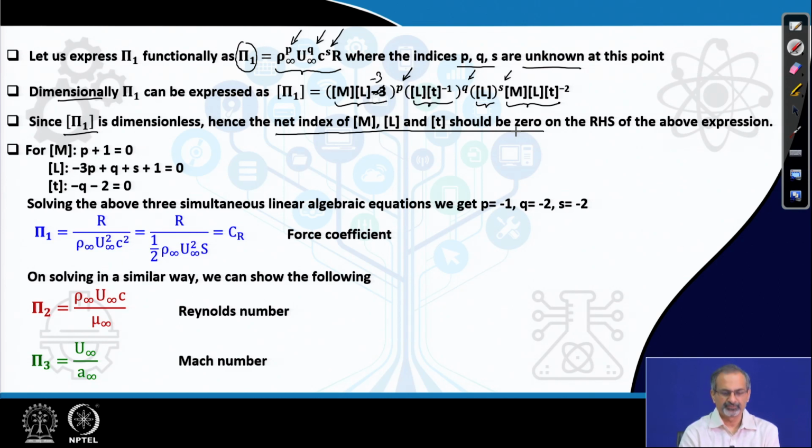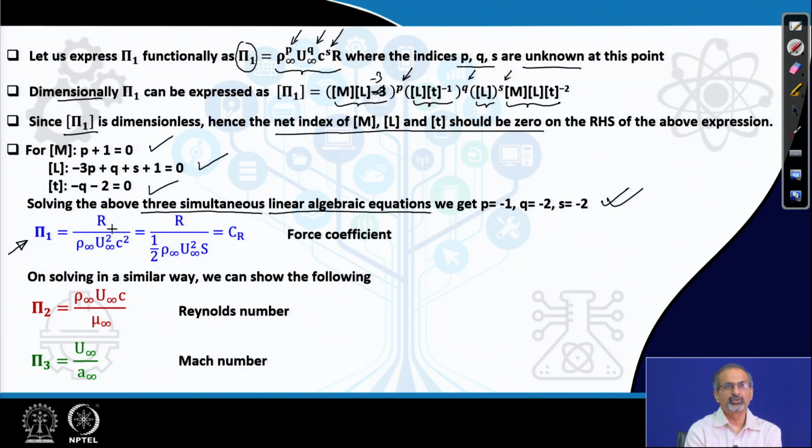What does that give you? For each one of them, you get an equation, so that the net index is 0. So, they form 3 simultaneous linear algebraic equations, which can be solved easily to get the values of p, q and s. Once you have them, let us see what pi 1 is.